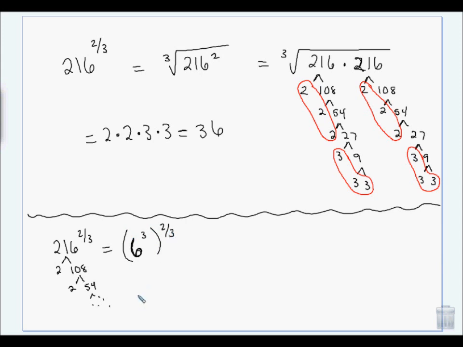Right, because it's 2 to the 3rd and 3 to the 3rd. So it's the same thing as 6 to the 3rd. And if you take a power to a power, you multiply the exponents, and then if you multiply fractions, they cancel, which gives you 6 squared, which is 36.